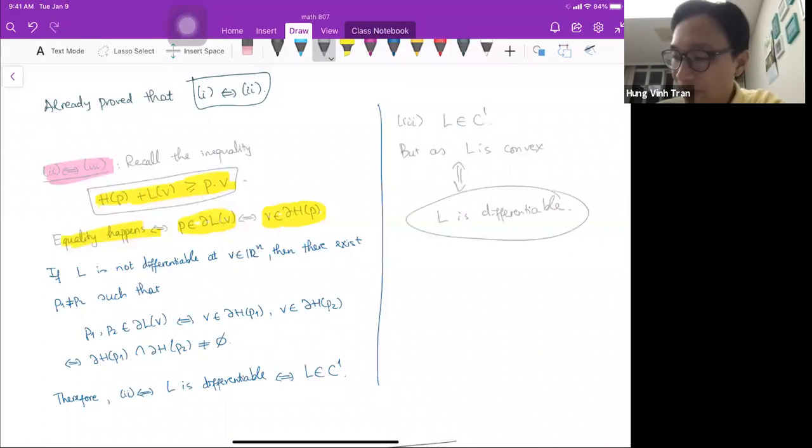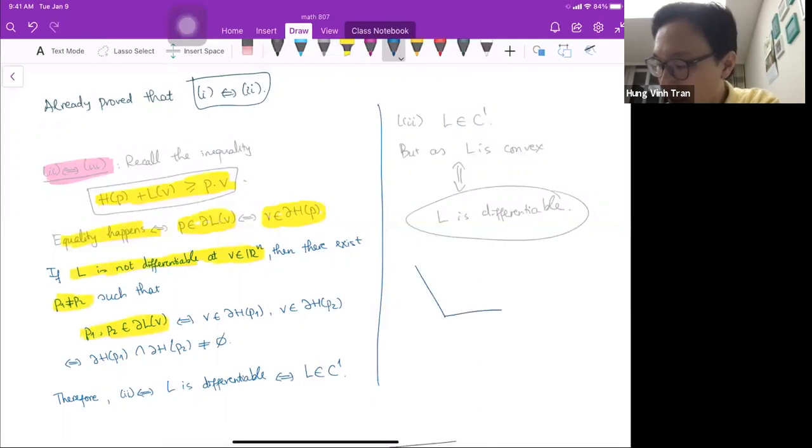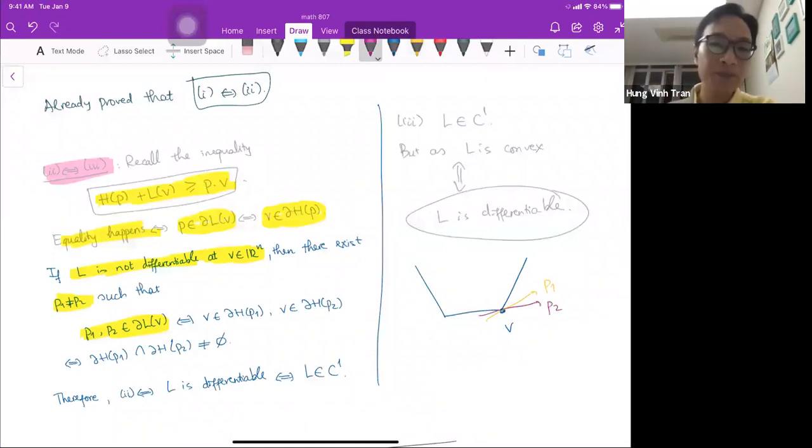So if L is not differentiable at a point, then that means that I can find 2 different values in the subgradient set of L, right? So if I were to draw a picture, maybe it would be like that. If this were V, I would be able to find 2 different values in a subgradient set. Here I drew them to represent the slopes. Okay, then you would be able to find 2 different slopes here.